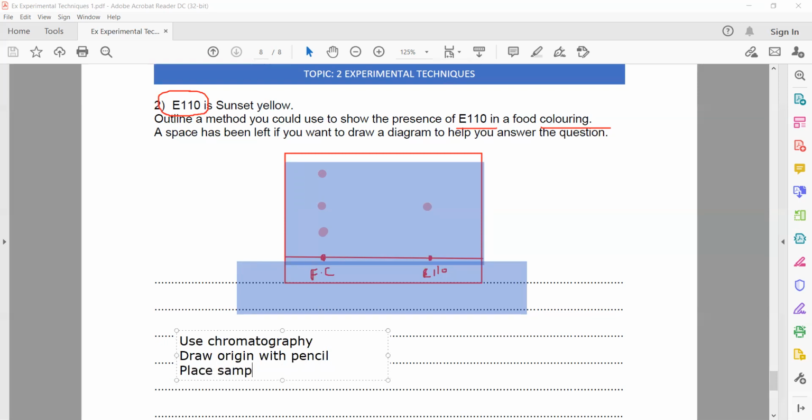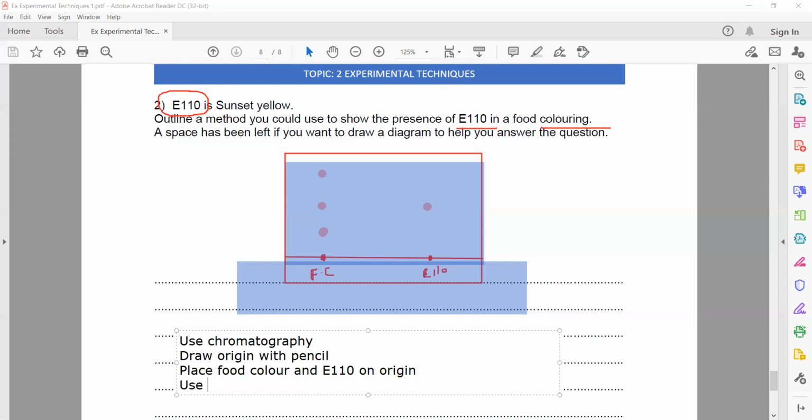Place a sample of food color and E110 on the origin. Then use a suitable solvent. Here they did not mention it is insoluble in water, so you can mention use water as solvent.